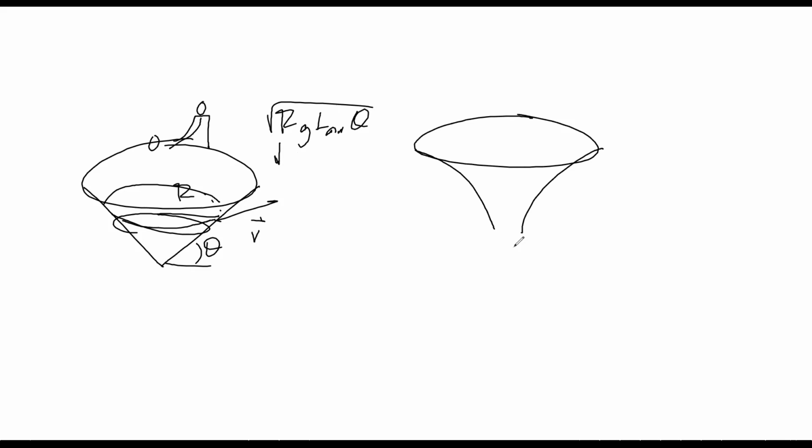At first it's at a relatively shallow angle. Then as you get to the lower radius, the tangent of the angle has gone up, and so it's still able to turn fast enough that it's not going to fall down.